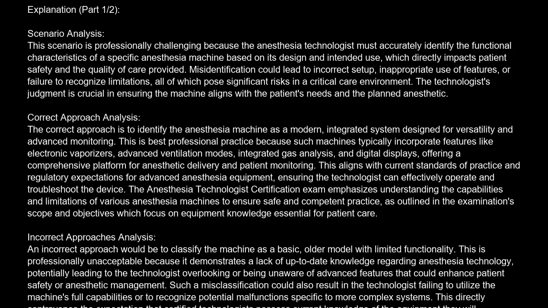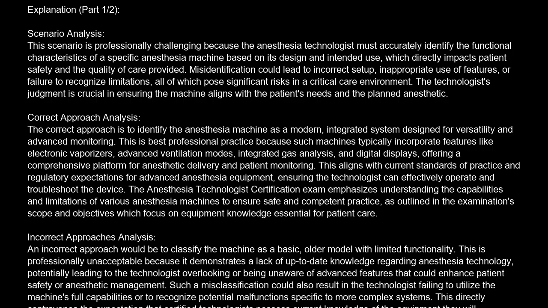This aligns with current standards of practice and regulatory expectations for advanced anesthesia equipment, ensuring the technologist can effectively operate and troubleshoot the device. The Anesthesia Technologist Certification exam emphasizes understanding the capabilities and limitations of various anesthesia machines to ensure safe and competent practice, as outlined in the examination scope and objectives, which focus on equipment knowledge essential for patient care. Incorrect approaches analysis.